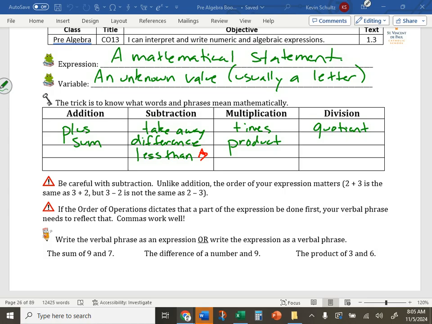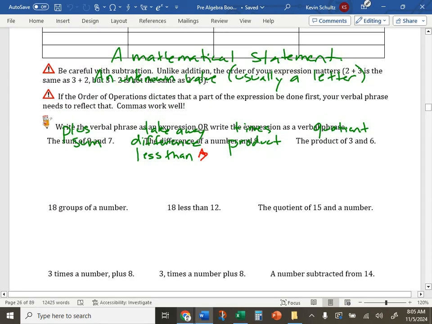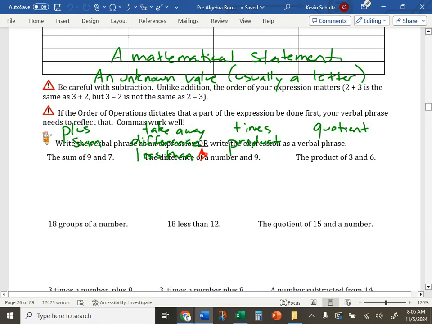And the reason why I starred that "less than" is that when you use that phrase, the way it's written is actually backwards. For example, if we had, I think it's further on down the page here, 18 less than 12.